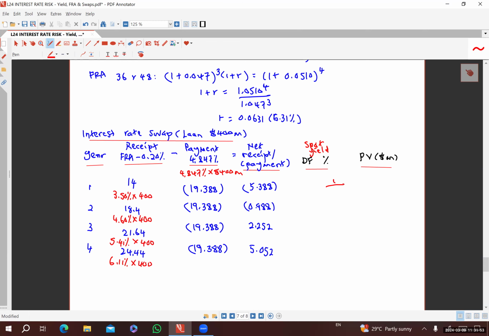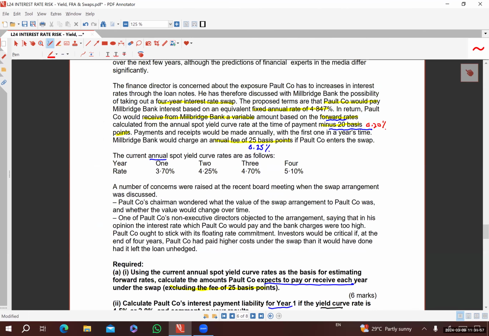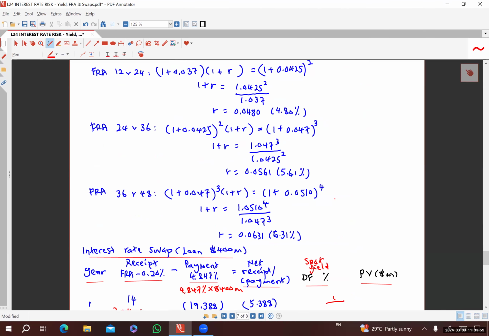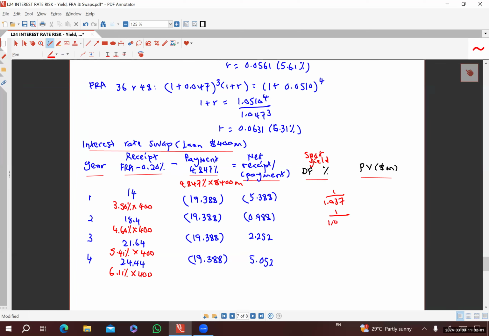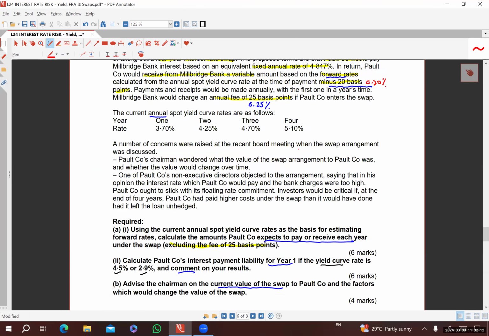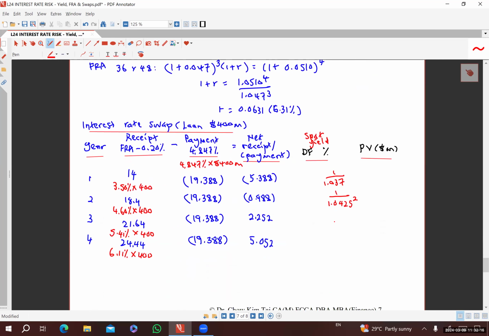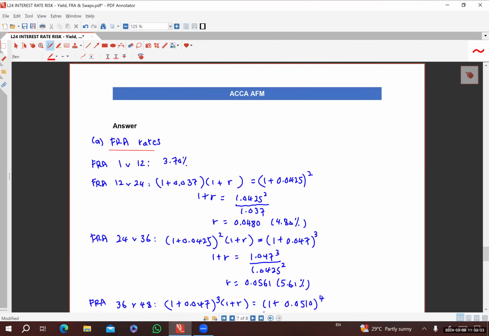3.7%, 4.25%, 1.0425 to the power of 2. Third year, 4.7%, 5.1%, 5.19. The spot yield.